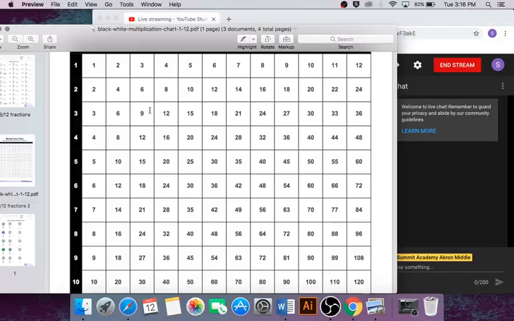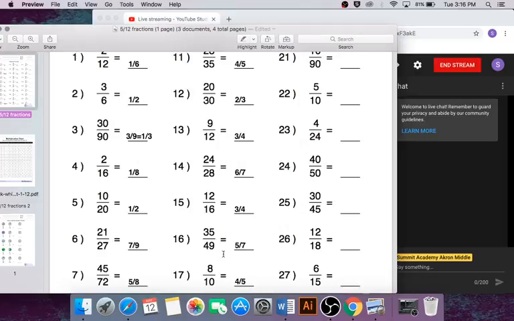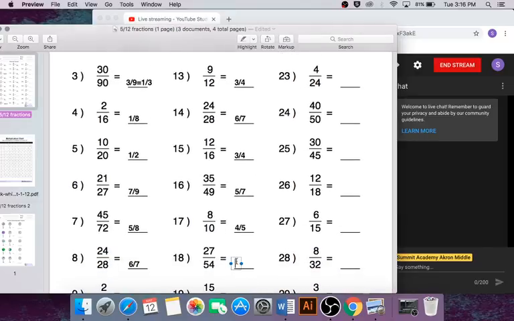So 9 times 3 is 27, and 9 times 6 is 54. So 3 over 6. But that's not in simplest terms, because 3 goes into both 3 and 6. 3 goes into 3 one time, and 3 goes into 6 two times, because 27 is half of 54.